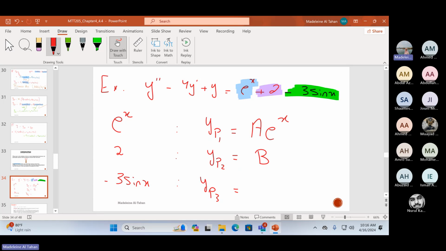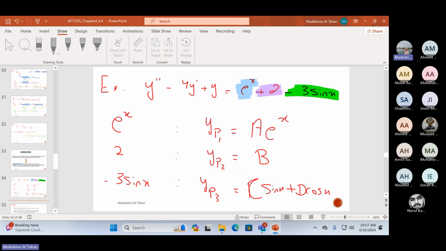No. Do we use the same constant? No. Okay. Minus 3 sine x gives sine x and cosine x, so we will use new constants, c sine x plus d cosine x. We don't use the same constants. So here we have 3 particular solutions.